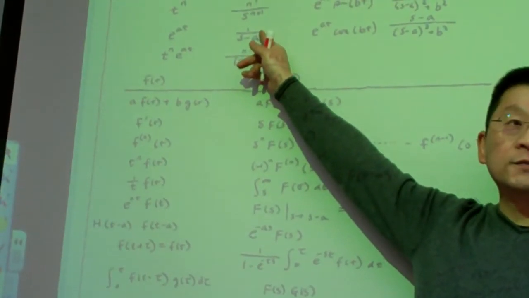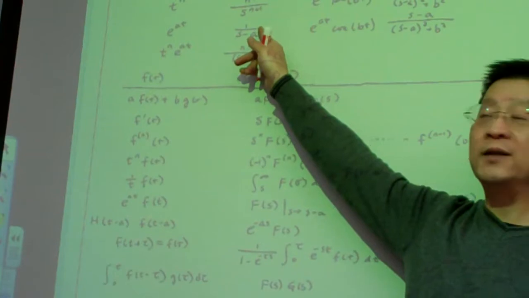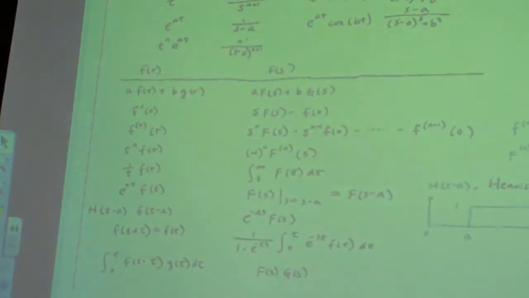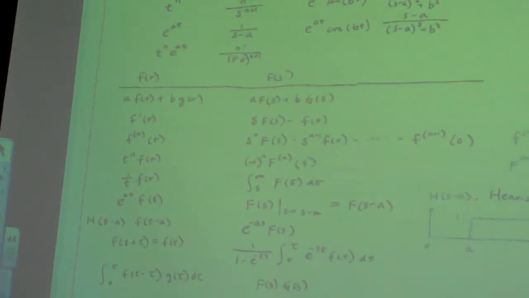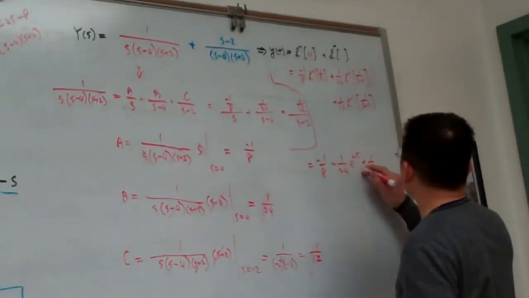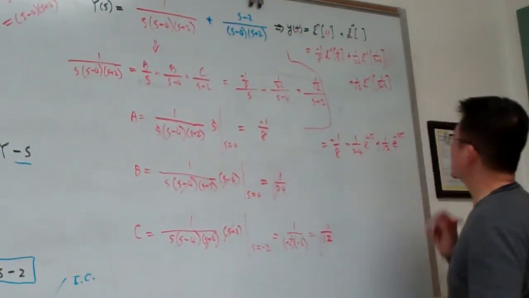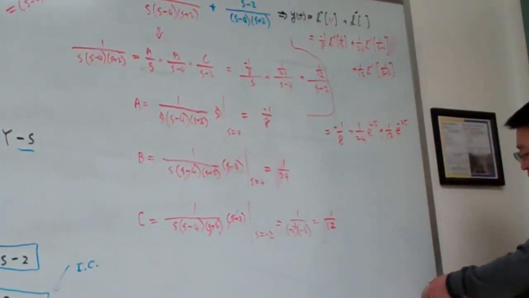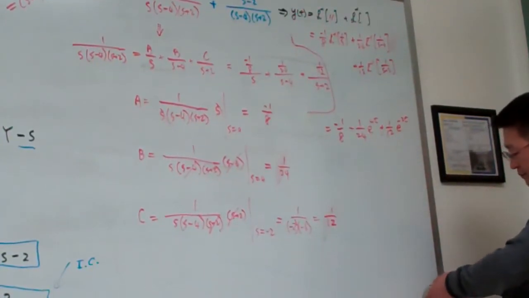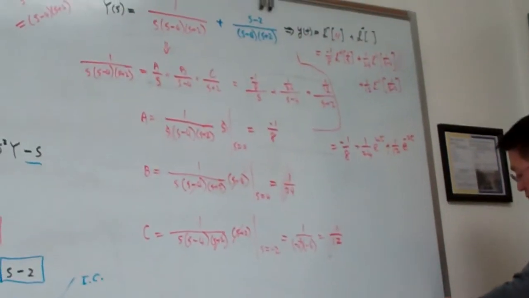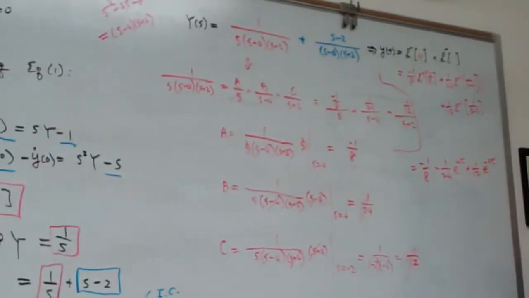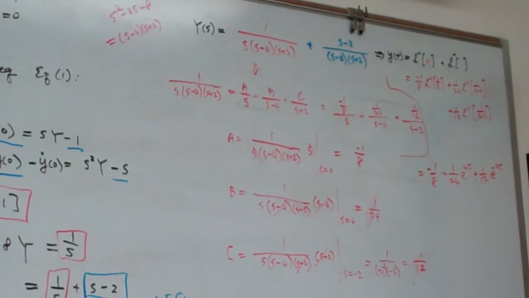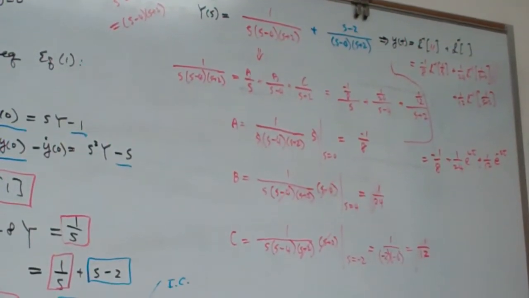Using the last term, here a is equal to minus 2, so that is e to the minus 2t. Be good? Good. Any questions?